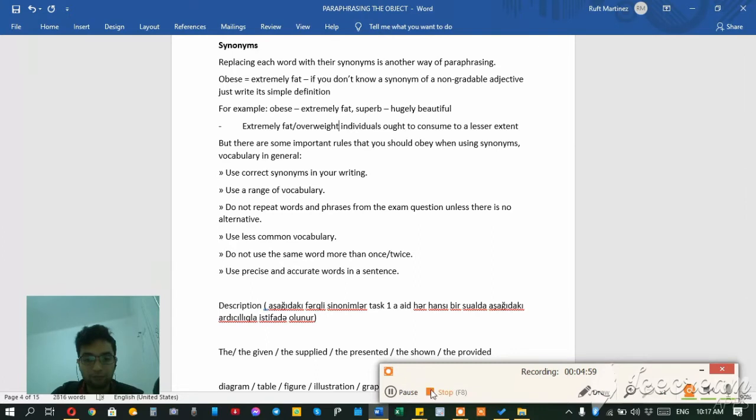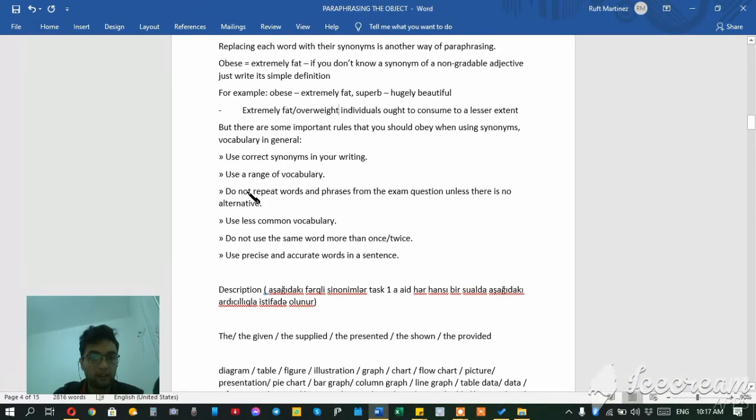Also, don't repeat words or phrases from the exam question unless there's no alternative. There are some questions in IELTS where you may not find the synonyms. Actually, we have a sample question down below.